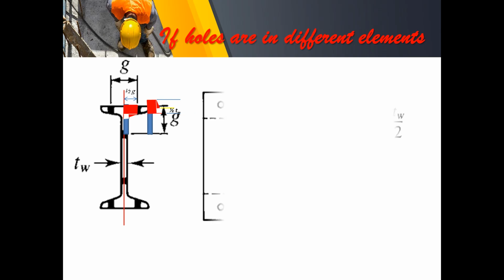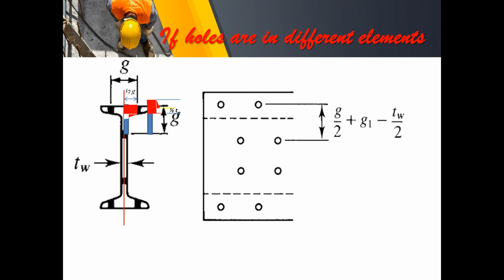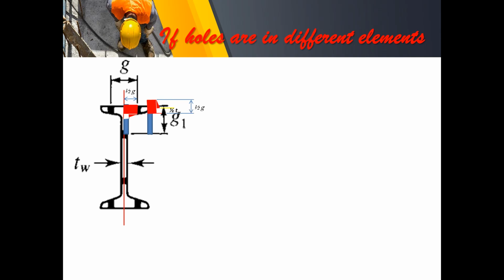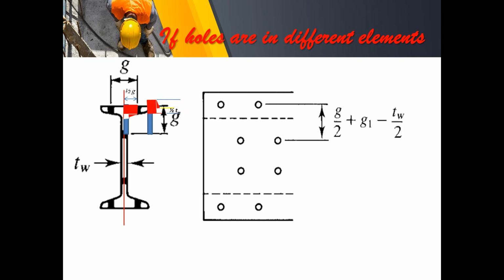That is why on the S shape or I-beam here, we will treat the gauge distance to be equal to this equation: G over 2 plus G1 minus web thickness all over 2.